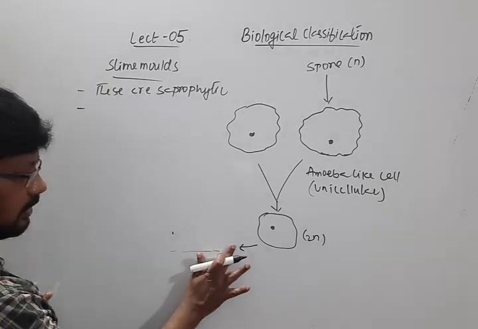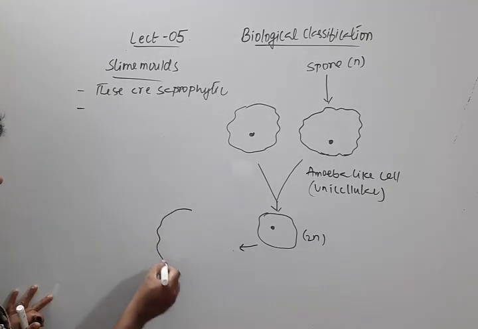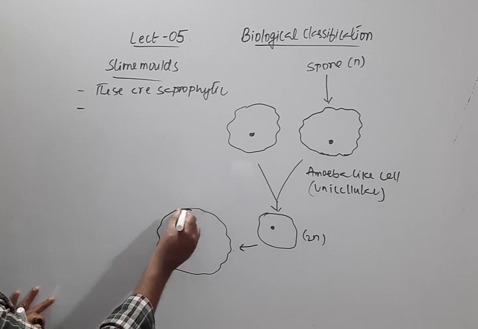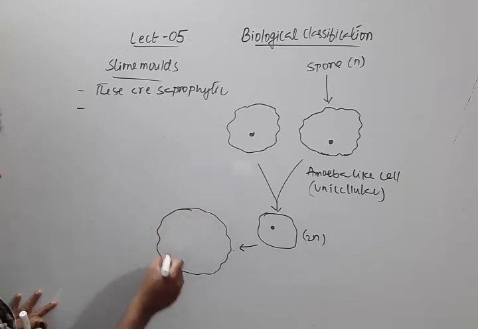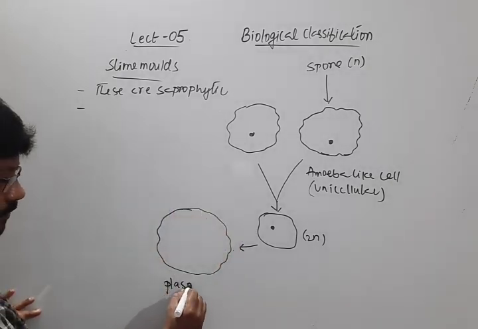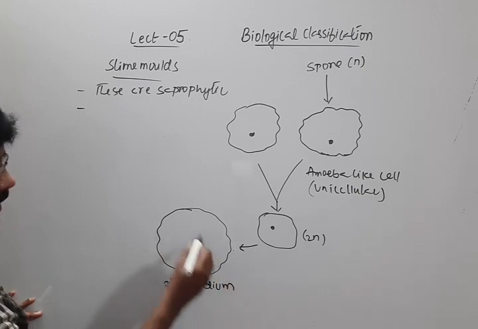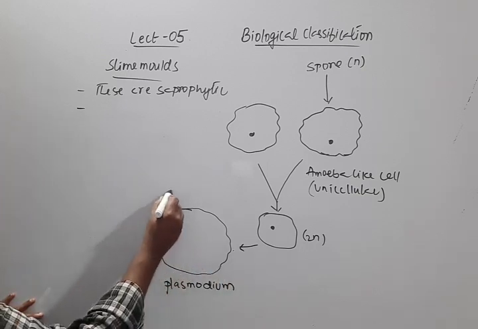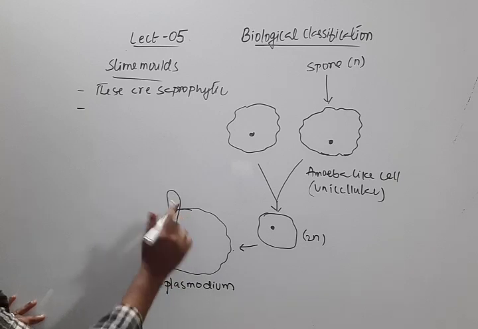Of course this plasmodium will be growing several feet, and during unfavorable conditions it starts to produce fruiting bodies. You will see here the fruiting bodies being developed.